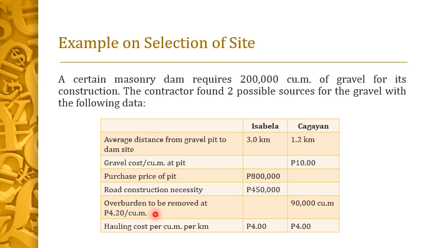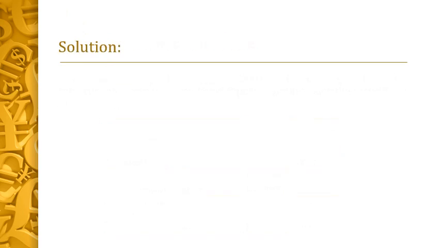The overburden to be removed at 4.20 pesos per cubic meter for Cagayan is 90,000 cubic meters. The hauling cost per cubic meter per kilometer for both Isabela and Cagayan is 4 pesos. Which of the two sites will give a lesser cost?